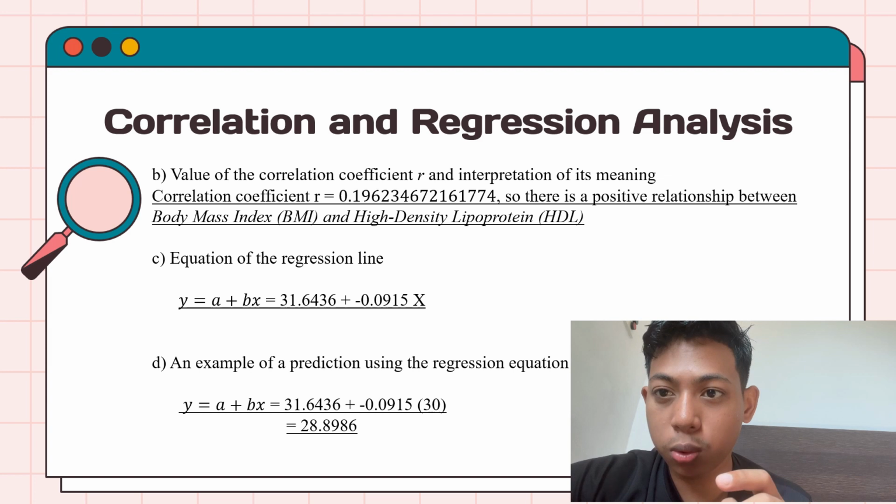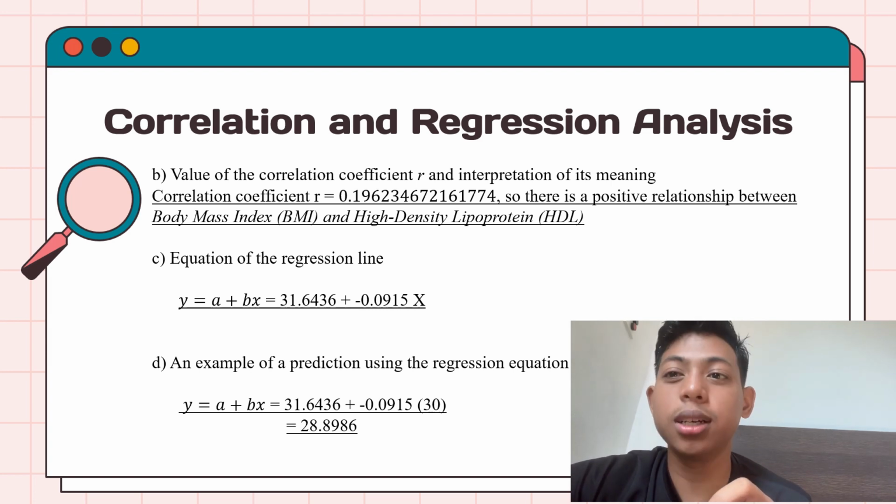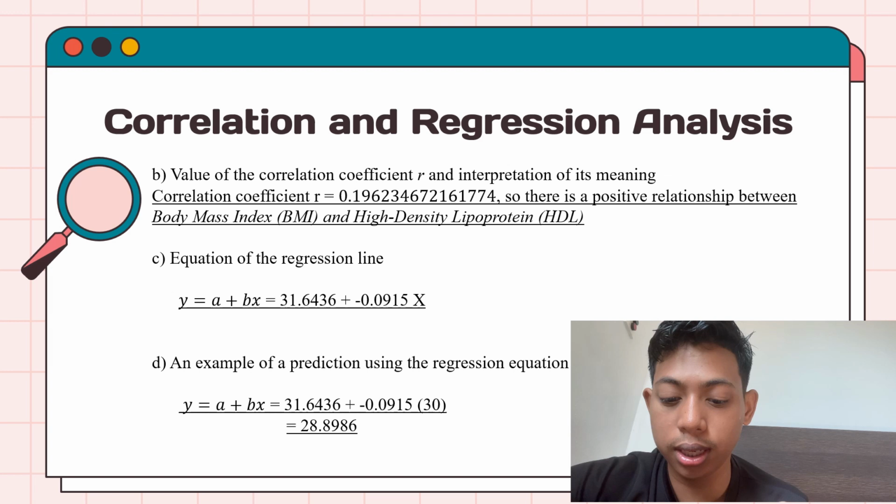So we get the answer 0.1962. That's the formula to solve the correlation.